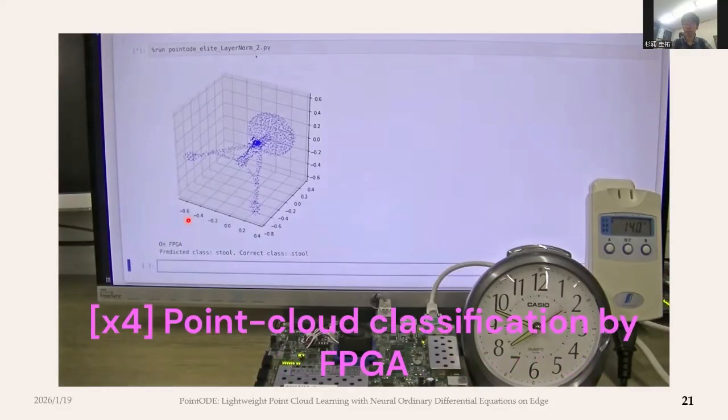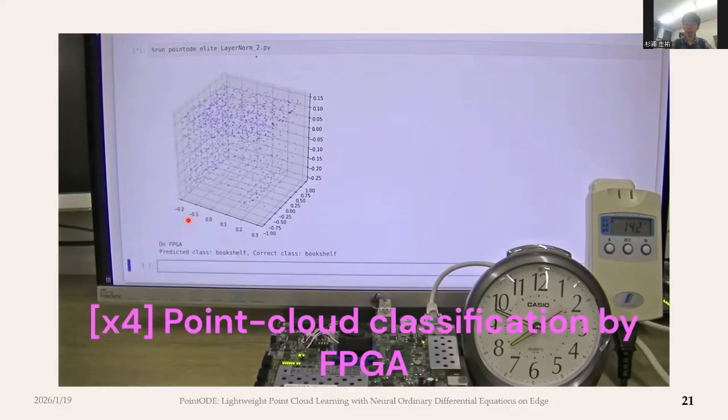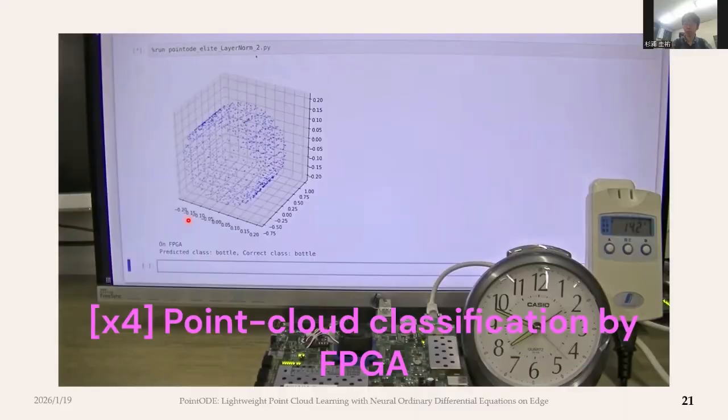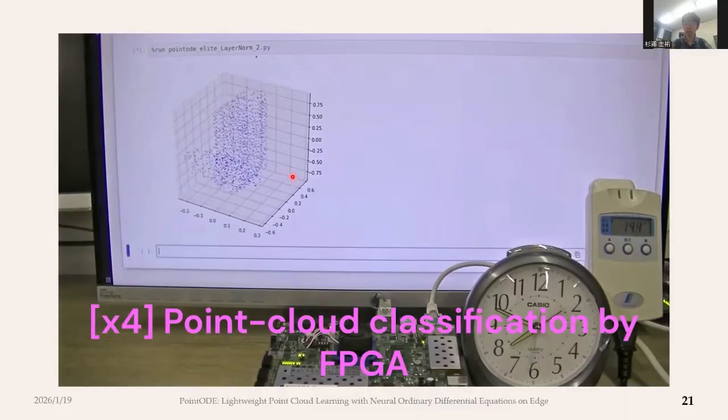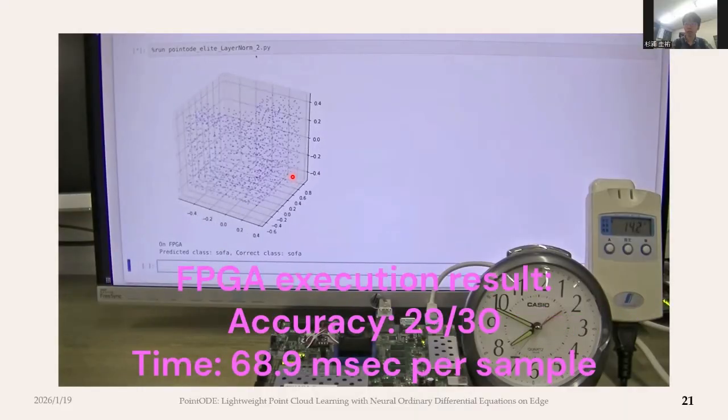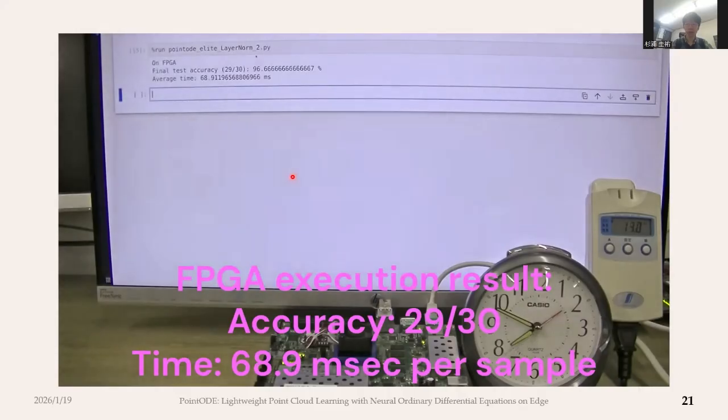And now the classification task is running on the FPGA part, and the inference time is reduced from 300 milliseconds to around 70 milliseconds, leading to a 4 times speedup.